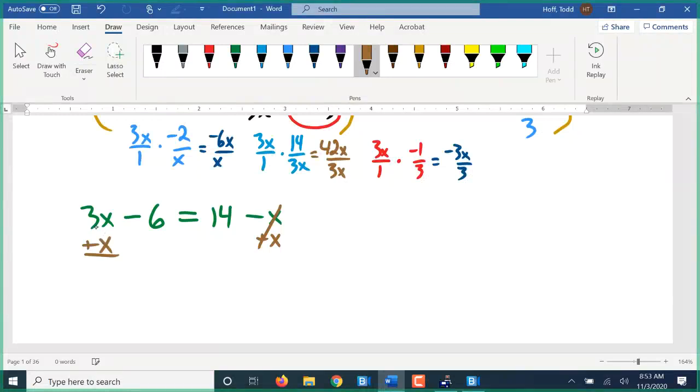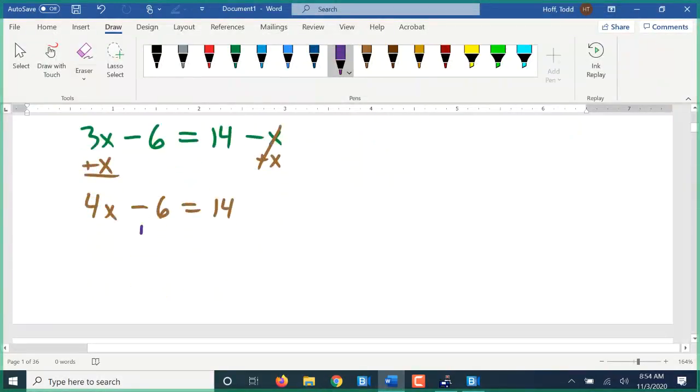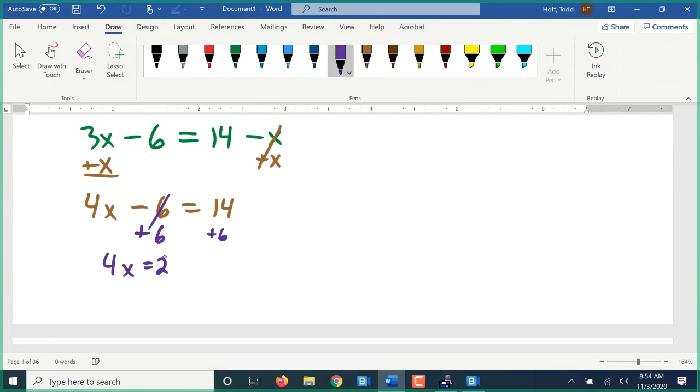So 3x plus x is 4x. So the negative 6 equals 14. Now it's in a form where we can solve. We're going to add 6. 4x equals 20. And divide by 4. X equals 5.